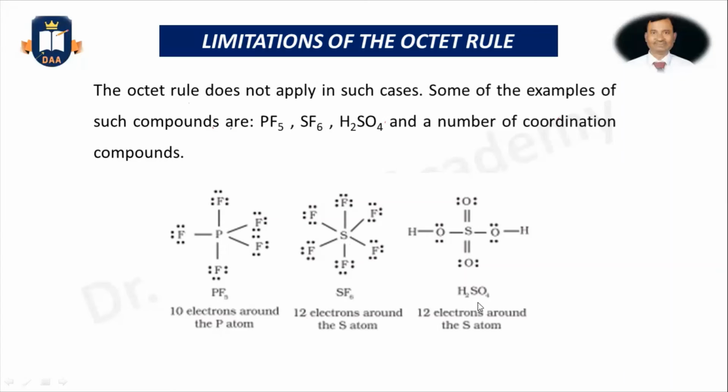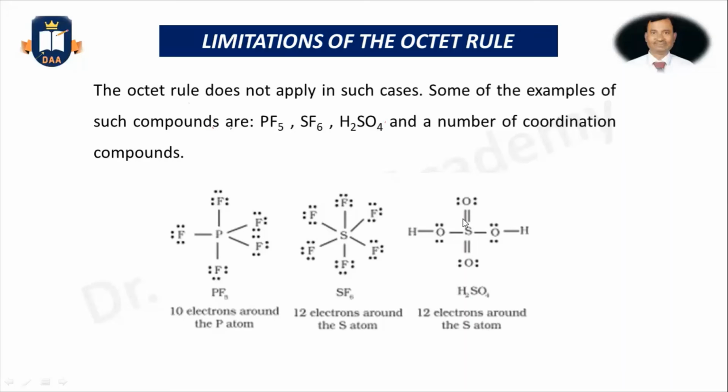On the extreme right, we'll consider the sulfur atom in sulfuric acid, H2SO4. If you see the structure, this sulfur has 2 double bonds and 2 single bonds. A double bond means 4 electrons, so 2 double bonds means 8 electrons, and 2 single bonds means 2 plus 2, 4 electrons.